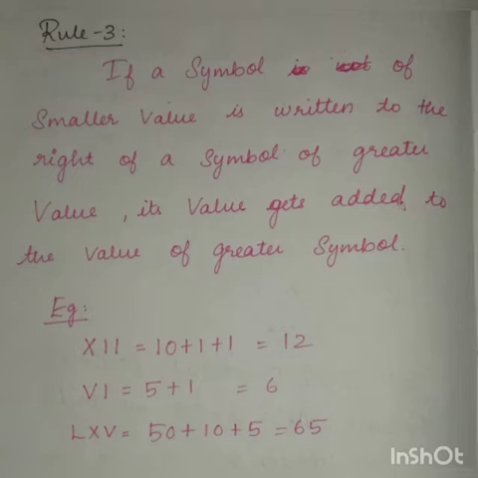Now LXV. X and V are both less than L. So 50 plus 10 plus 5, 65. So if a symbol of smaller value is written on the right side of a symbol of greater value, you add the smaller value to the greater value.